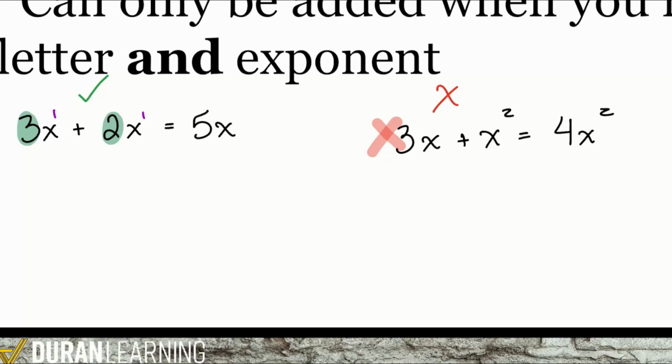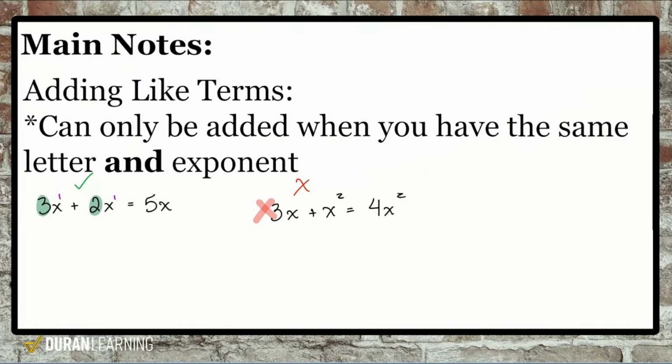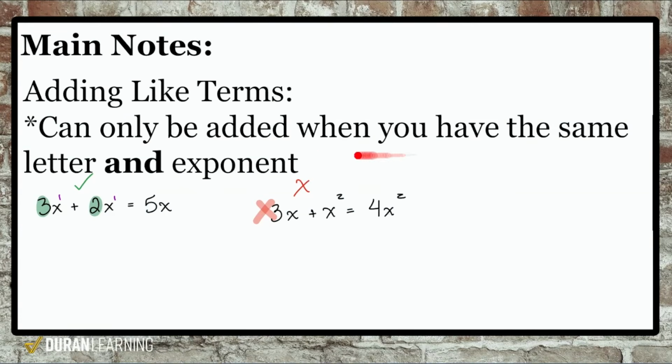Again, notice, everybody, quick question. Yes or no, do we have the same variable? Do we have the same letter? Specifically, the letter. Do we have the same letter between these two? Yes, we do. So then you might be asking, well, coach, what's the problem? Well, look at the rule again. You can only add like terms when you have the same letter, variable, and the same exponent.